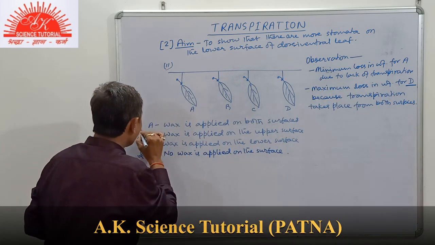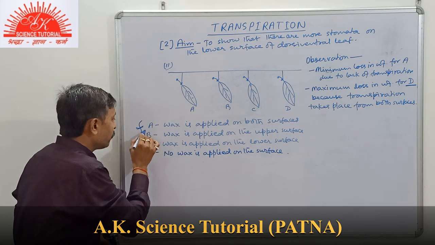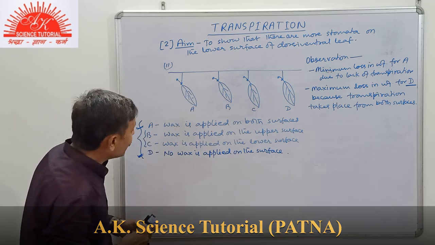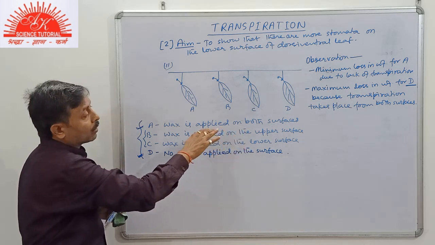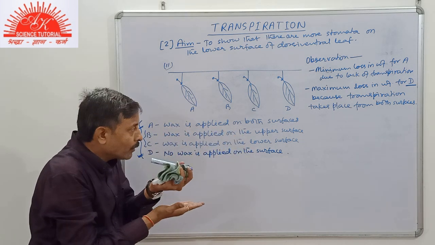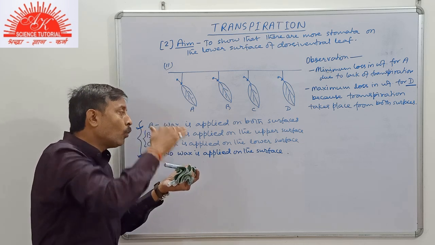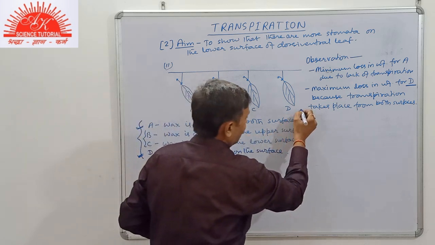So we have compared A and D for the minimum and for the maximum. But in between B and C, we observe that in B, wax is applied on upper surface. So transpiration is taking place from the lower surface. In C, wax is applied on the lower surface. So transpiration is taking place from the upper surface.